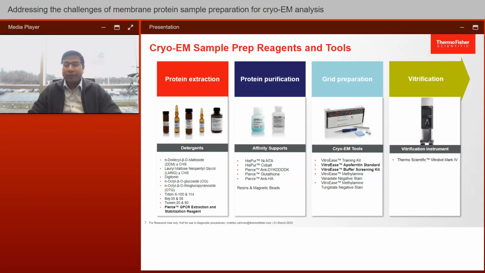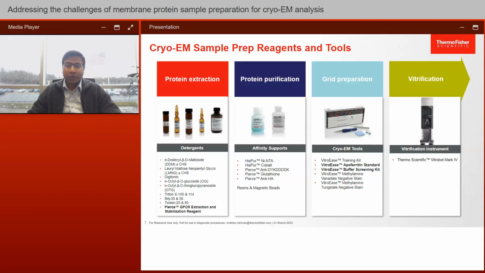To support protein purification, we have affinity resin and magnetic beads for various tags like the His tag, DYKDDDDK, which is commonly known as the FLAG tag, GST tag, and HA. For grid preparation, we have a training kit that includes almost everything to start with grid freezing, including a standard protein, apoferritin.